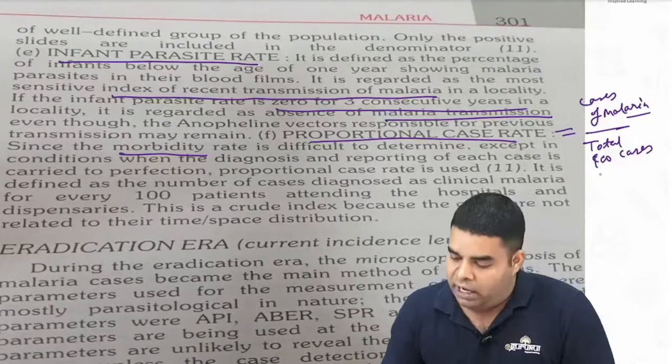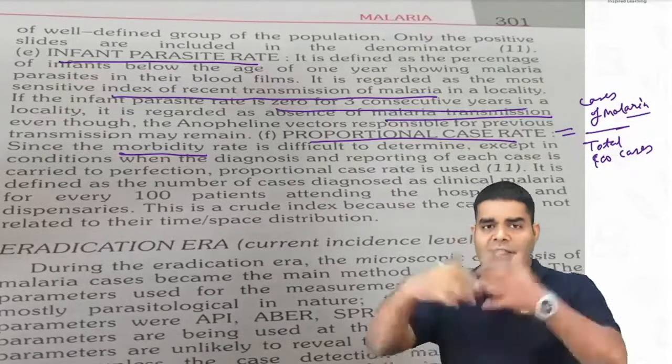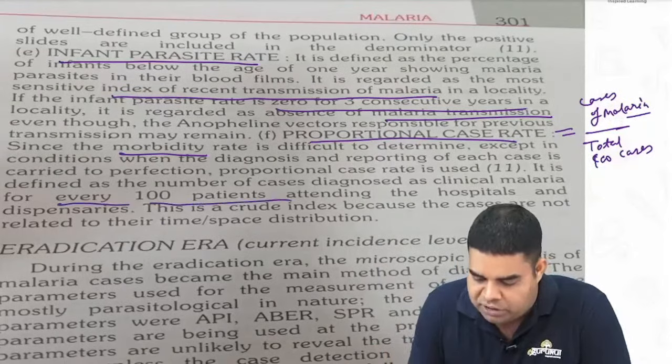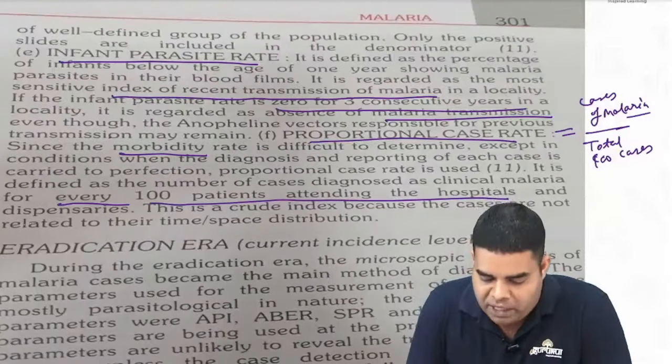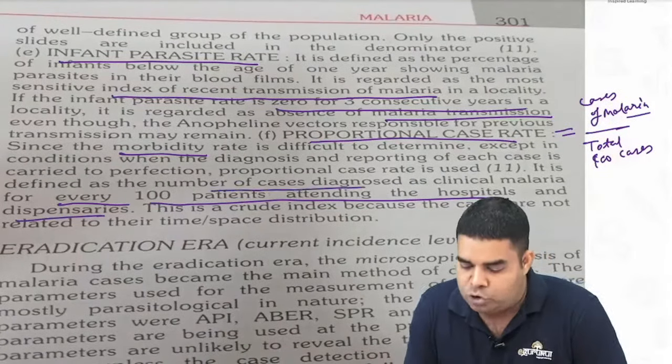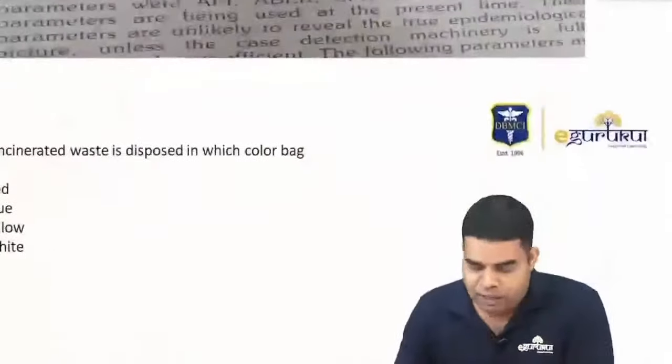Okay, out of total 100 cases of all diseases, out of every 100 patients attending the hospitals or dispensary, how many are diagnosed to be malaria? Out of total 100 people who are coming, how many are diagnosed with malaria? That is proportional case rate. Remember, proportional case rate tells about morbidity, ill health due to malaria.